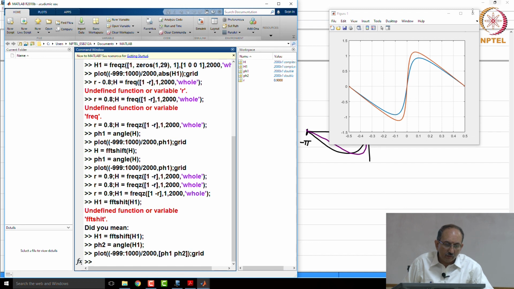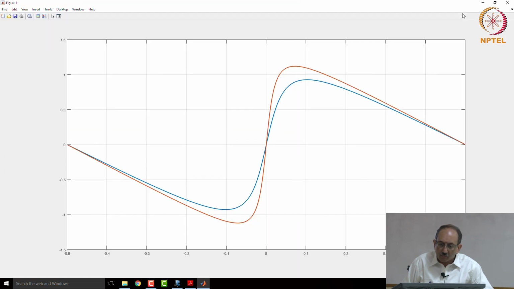So, now you see between 0.8 and 0.9, the rapidity of the increase in the phase near the origin has increased. All right. So, this is what we were expecting based on our intuitive explanation, and MATLAB indeed confirms that this is true.